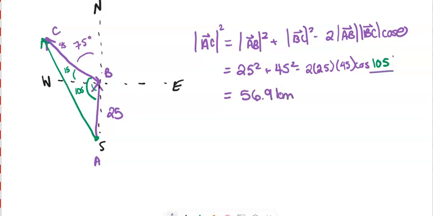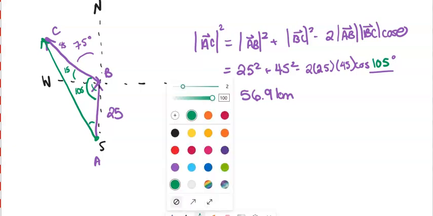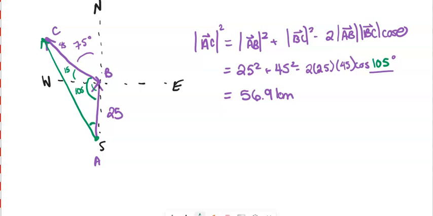Remember that this is a measure in degrees, so make sure you have your calculator in degrees. The next thing we want to figure out is the resultant angle. So I actually want to know this angle here, because that's the angle of the direction. So sine of that angle, I'm going to use sine law, is related to 45 and is an equivalent ratio to sine of 105 over that distance that I just found.